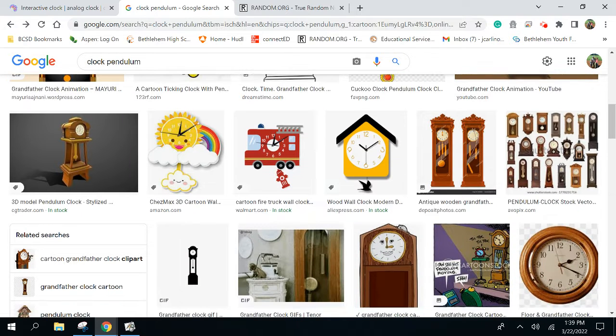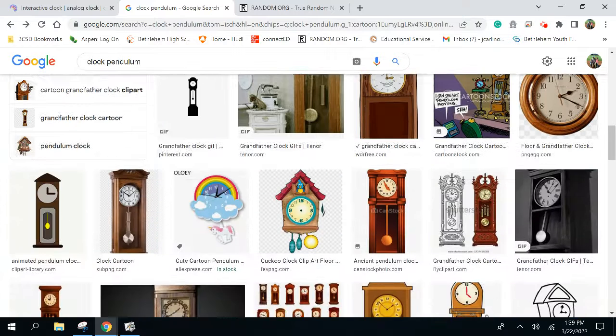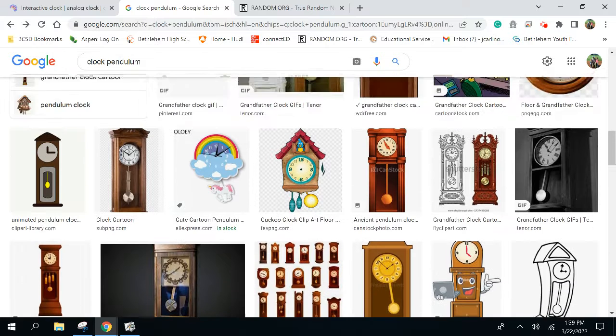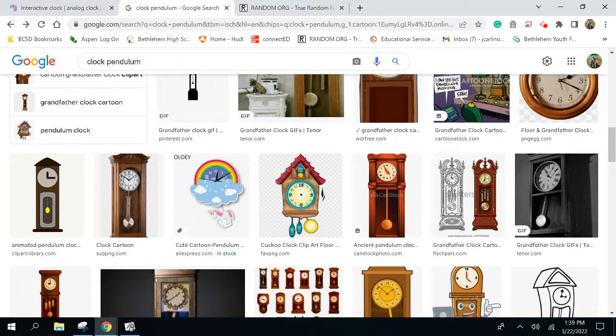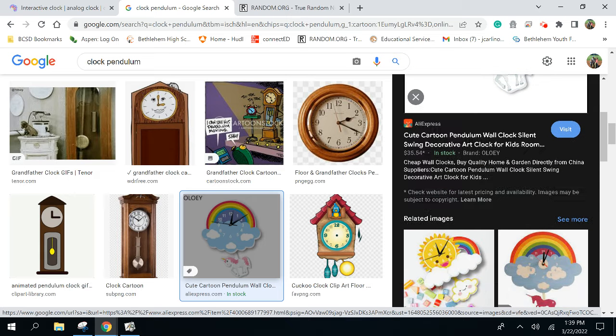Little fire truck with the fire hydrant, or the rainbow with the little cloud as the pendulum. This would be the answer to what you cannot expect to be in Mr. Carlino's house. Oh yeah, definitely the rainbow with the unicorn. Okay. Yeah, my thought exactly.